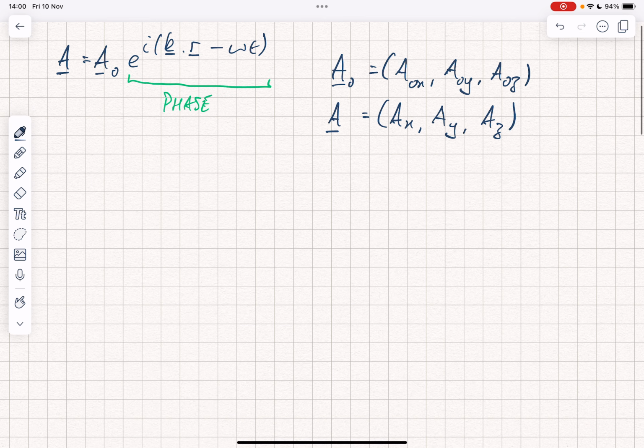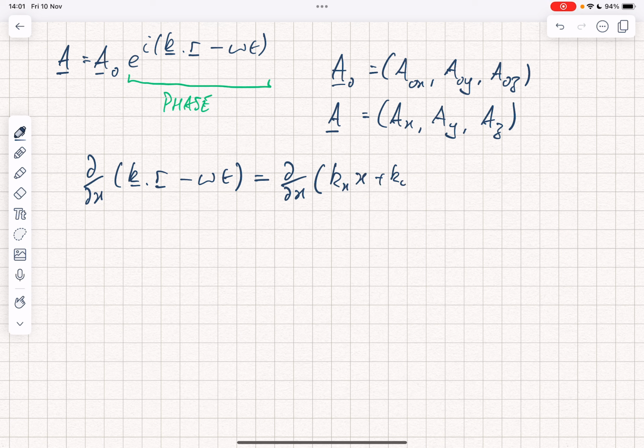Now let's just think briefly about the differential of that phase part. So d by dx of k dot r minus omega t is d by dx of, and now let's just multiply out that dot product, kx x plus ky y plus kz z minus omega t, which is just equal to kx.